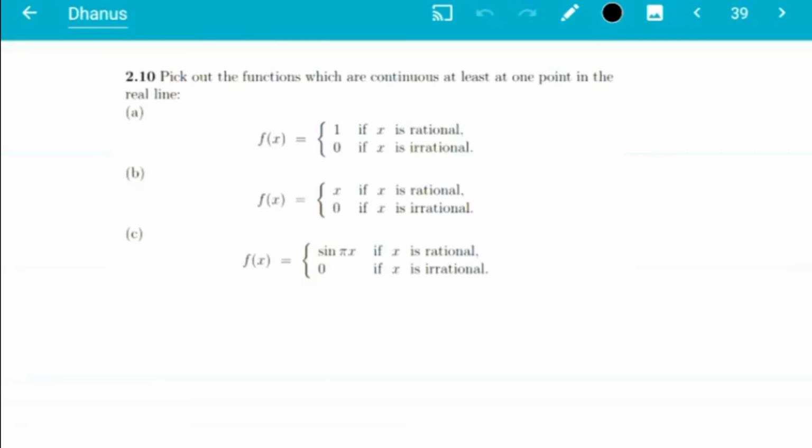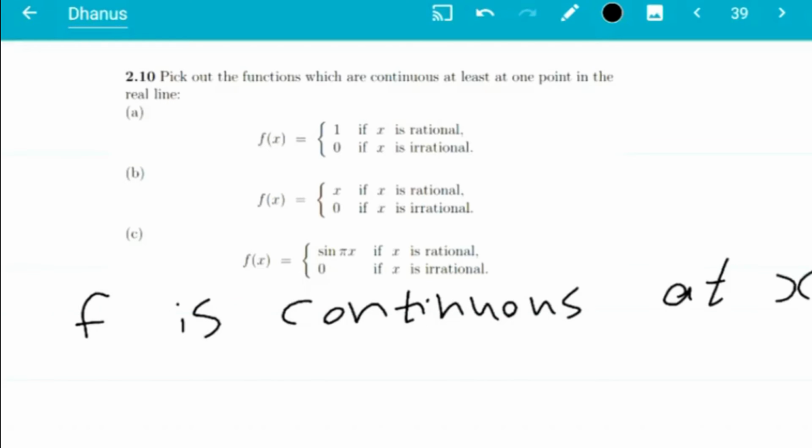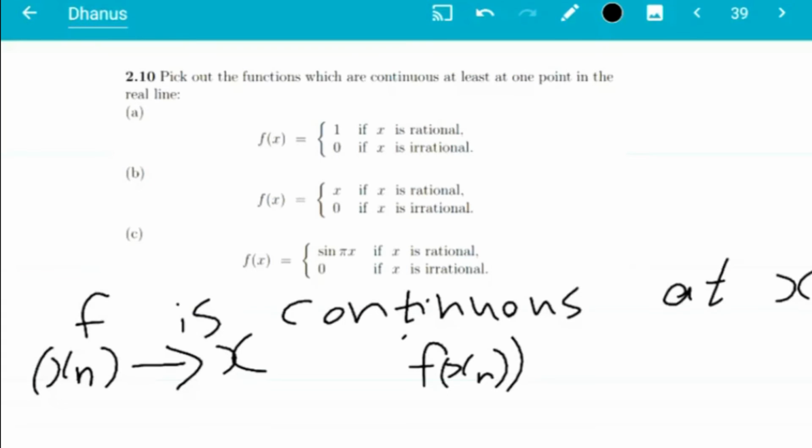In this question also, we can use the idea of sequences for proving the continuity of a function. A function f is continuous at x if for any sequence xn that converges to x, the sequence f of xn converges to f of x.